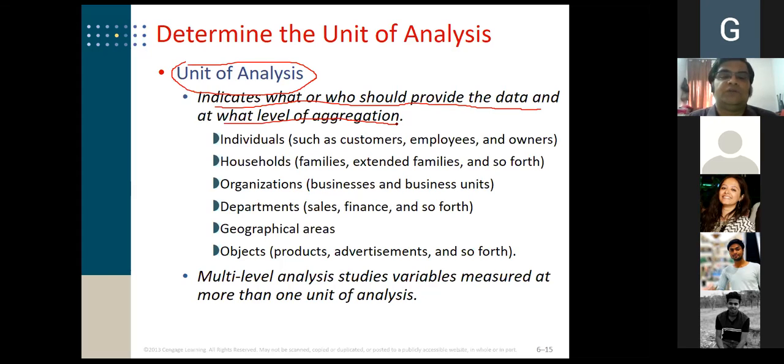Suppose you are doing a study on customer loyalty, the example that I gave in the morning, customer loyalty in Indian Airlines. Who will be the unit of analysis?